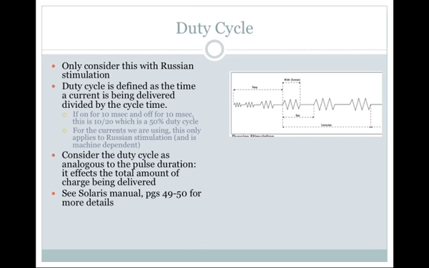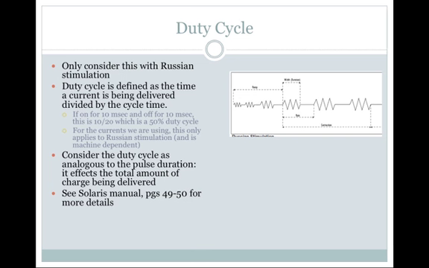So if we look at this diagram where it says width or duration, and then we have a rate, you can see that we have a period of time where the current is on, and then a time where the current is off. If that was on for 10 milliseconds and then off for 10 milliseconds, the total time is 20 milliseconds. Since we take the on time divided by the total time, we get 10 over 20, and that is a 50% duty cycle.